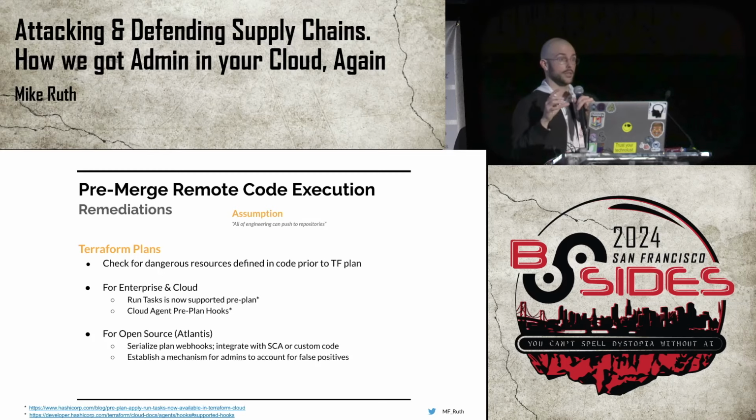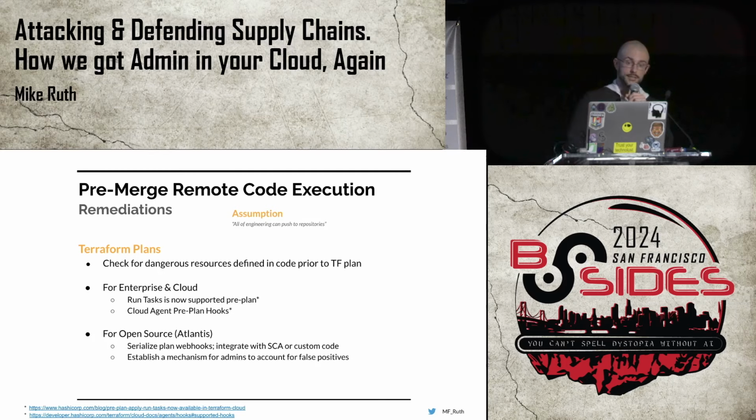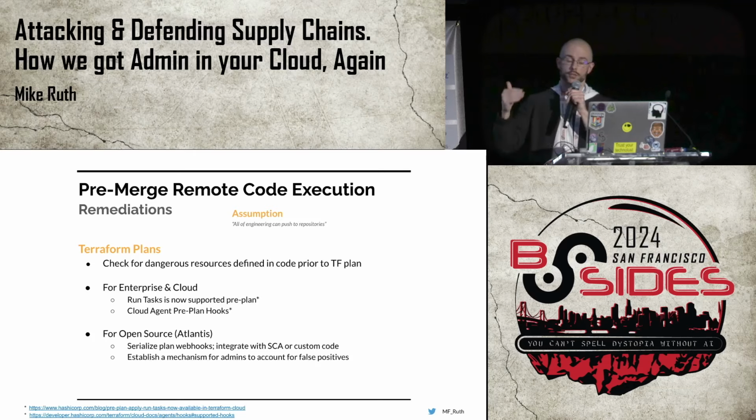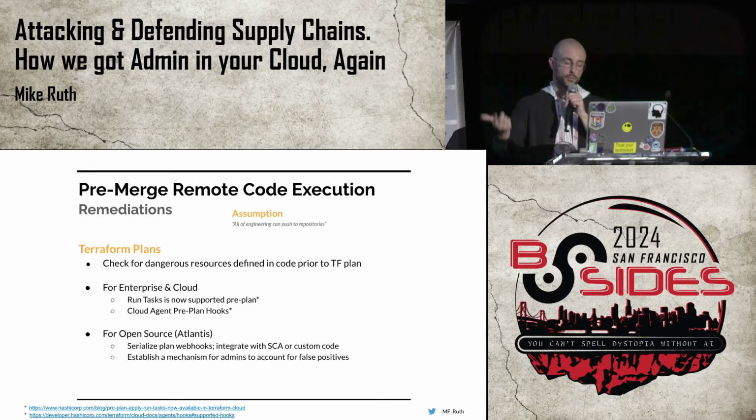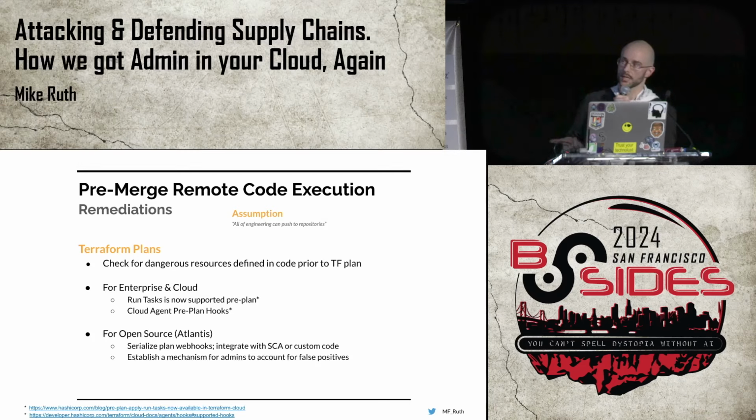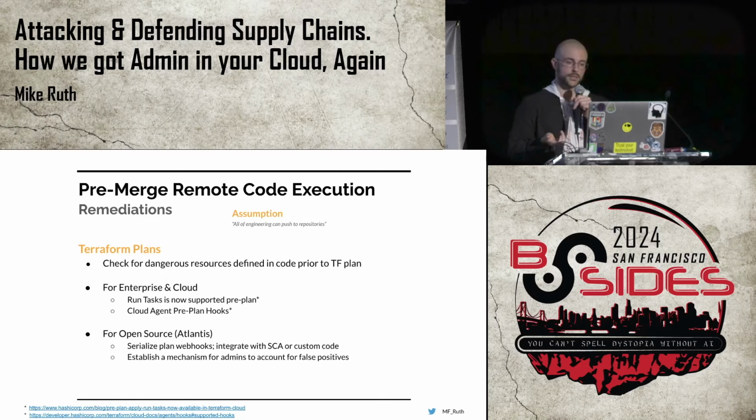But if you're using an open source version, something like Atlantis, the best way to do this, since you kind of control the whole pipeline, is to serialize all of the webhooks here. So prior to a plan running, you should be checking for dangerous resources like null resources and remote providers that are being used, and unsafe built-in functions like that run command that we looked at, right?